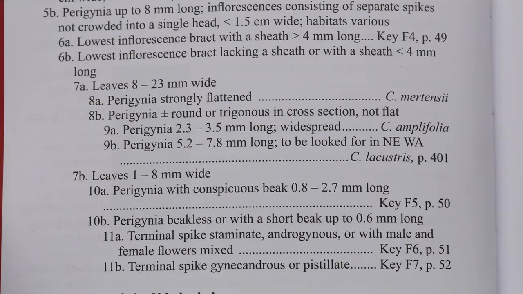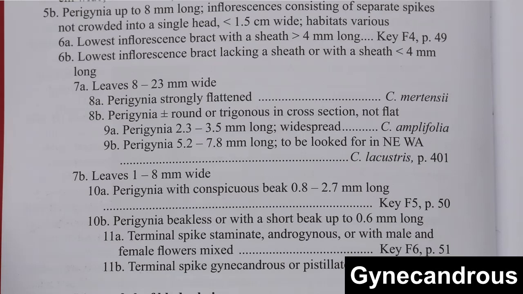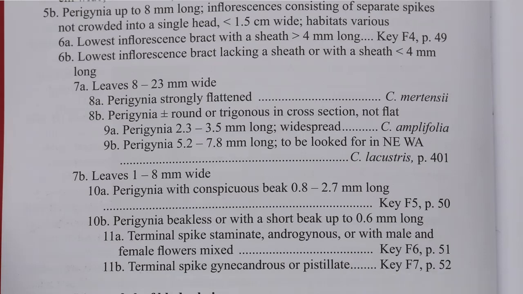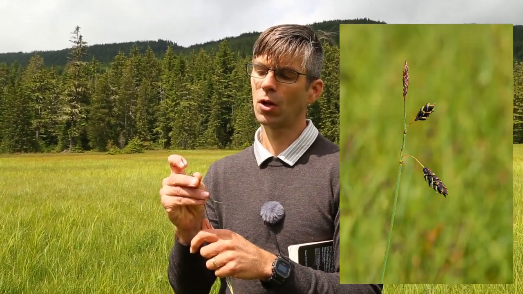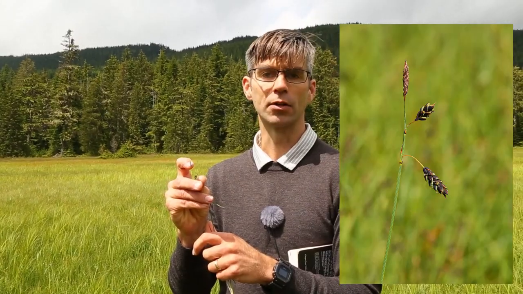Or 11B says terminal spike gynecandrous, which means the female flowers in that spike would be on top and the male flowers would be lower down. Or pistillate, which just means all female flowers. So this particular terminal spike appears to be all staminate. So it's all male flowers. So it's a staminate spike. So we can go with 11A.